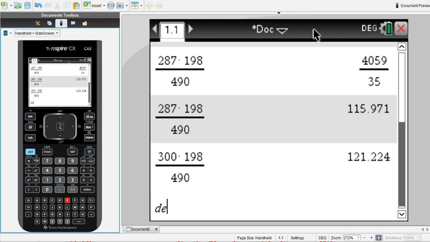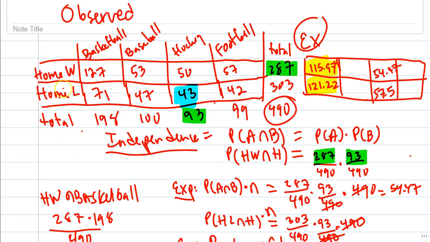We are going to define a matrix, and I believe we'll just call it A. Define A as the matrix, and this matrix of data is 4 rows by 2 columns.